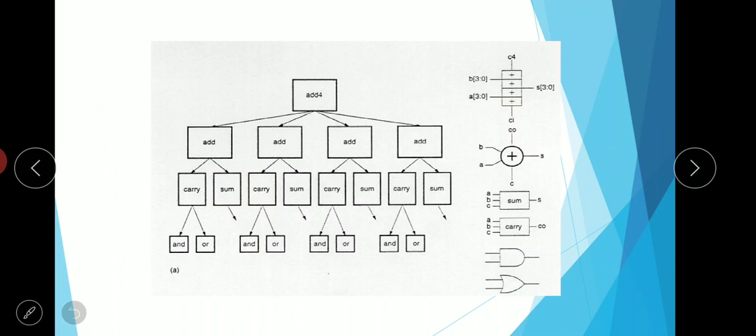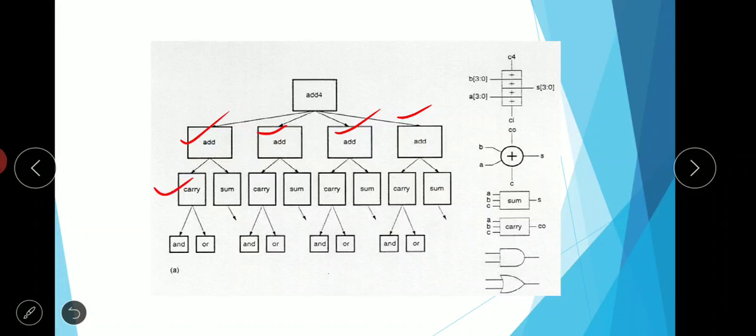Let's see the diagram of a CMOS 4-bit adder. First, the adder is decomposed into 1-bit adders. Here these are 1-bit adders. Then again divided into carry and sum circuits and finally into individual logic gates.